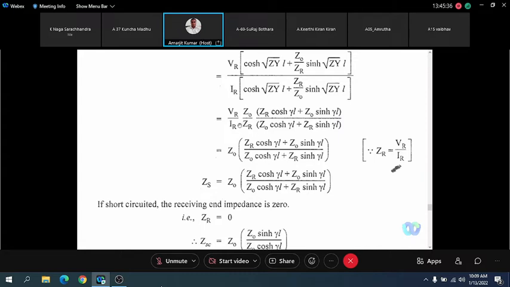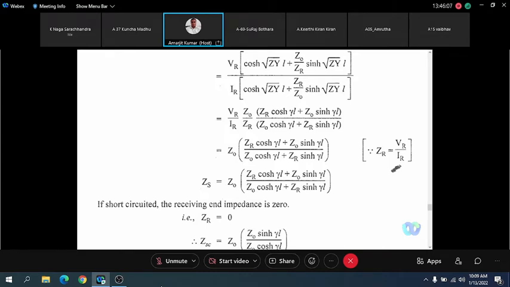That is equal to IR. IR upon IR is cancelled. So basically VR upon IR Zr is equal to 1. So Z0 into this expression. So basically input impedance is given as Z0 into Zr cosh γL plus Z0 sinh γL divided by Z0 cosh γL plus Zr into sinh γL.